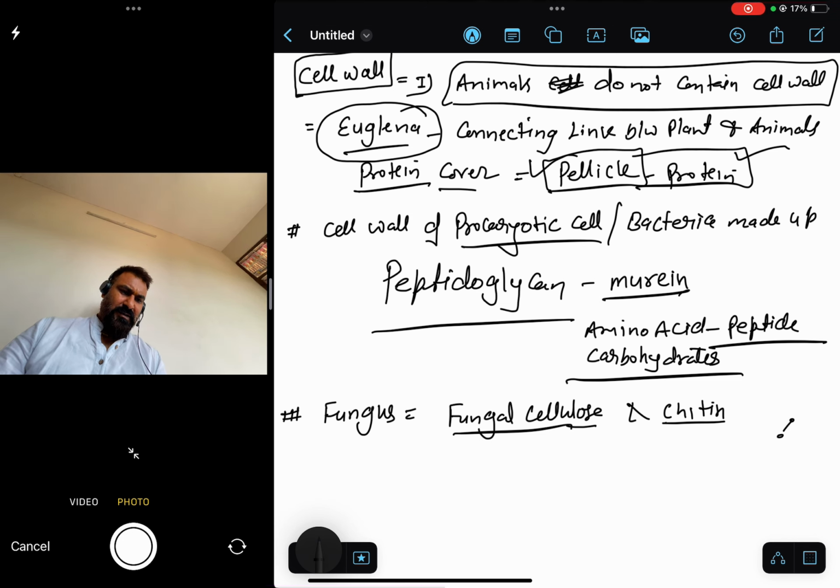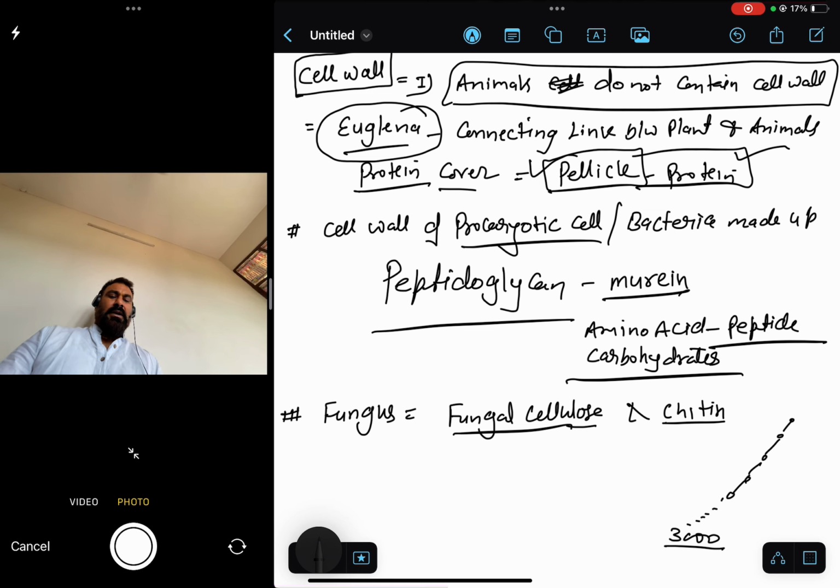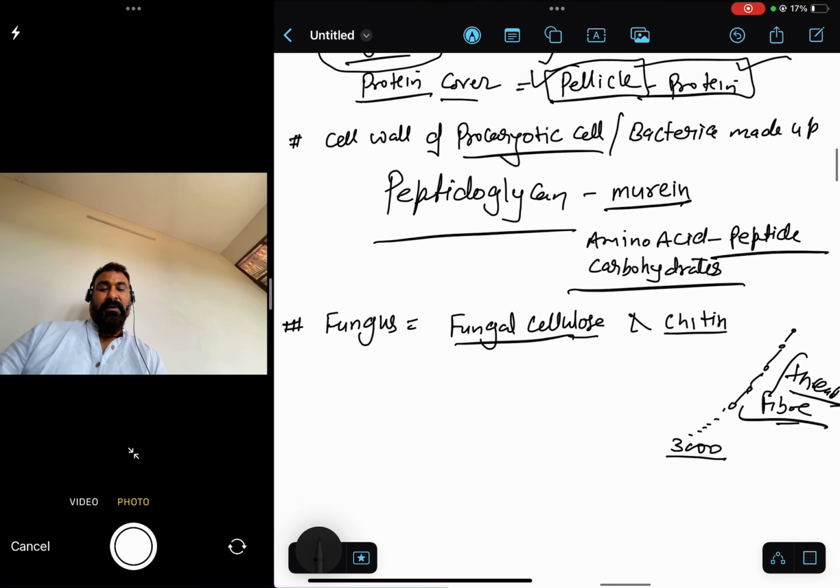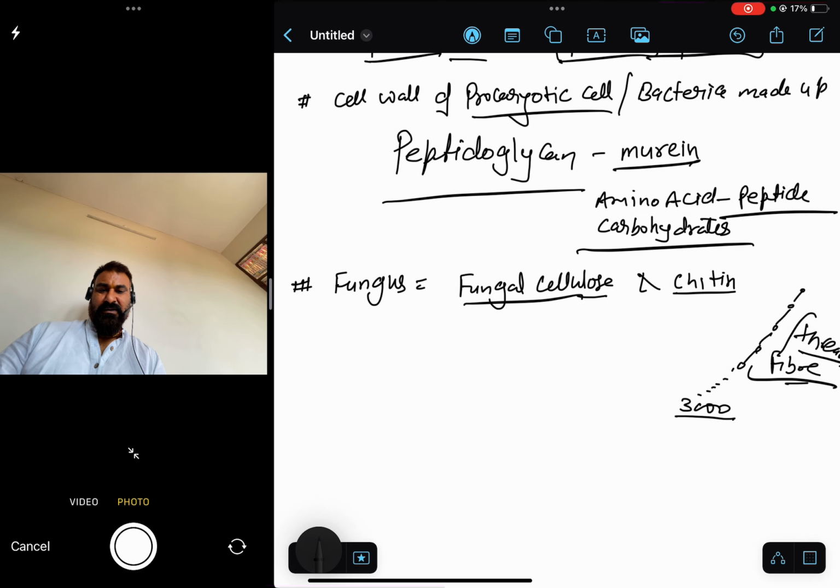If glucose molecules are arranged in a chain of approximately 3000 molecules, that is known as cellulose. It produces a fiber, a thread-like structure, just like you see in cotton. Okay, so that is cellulose. So it is fungal cellulose and chitin.